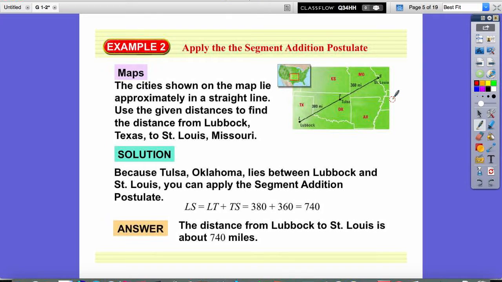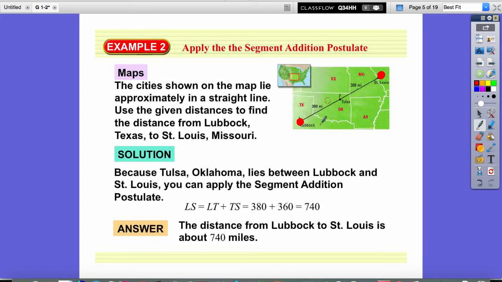So in example 2, the cities shown on the map lie approximately in a straight line. Use the given distance to find the distance from Lubbock to St. Louis. Okay, now it's hard to see here, but Lubbock to St. Louis, that says 380 miles. And, Lubbock to Tulsa says 380.